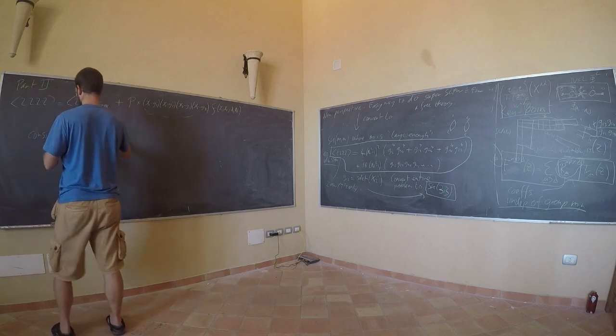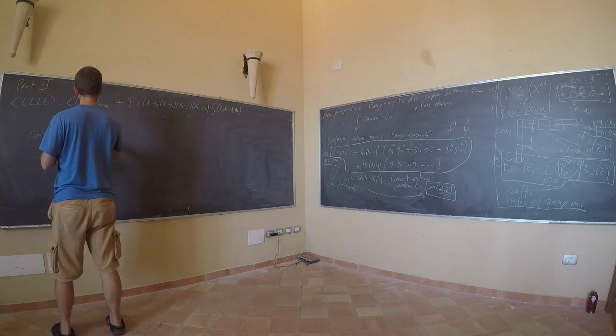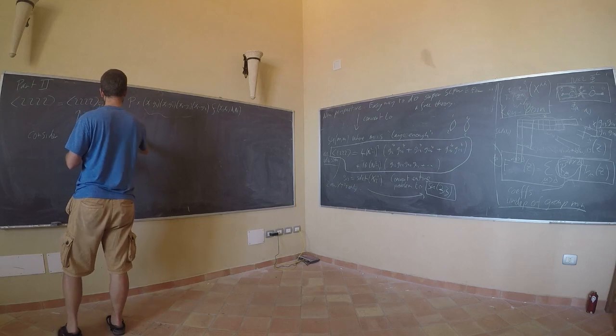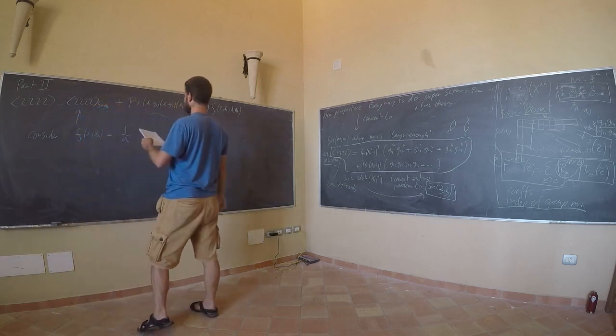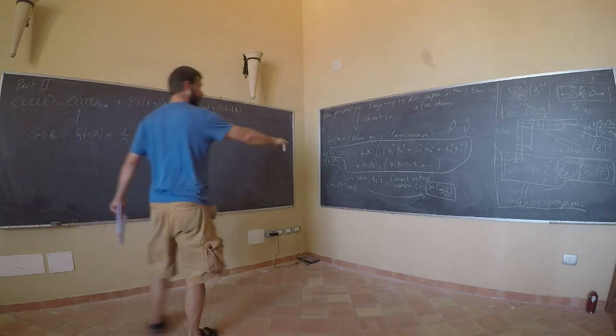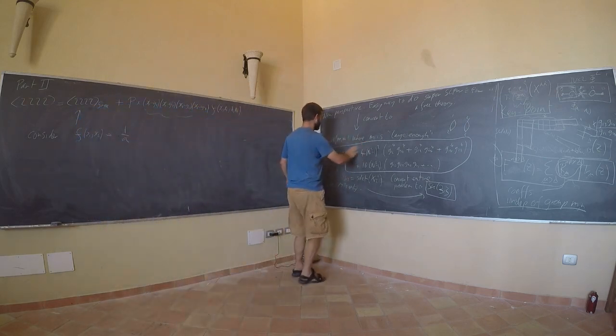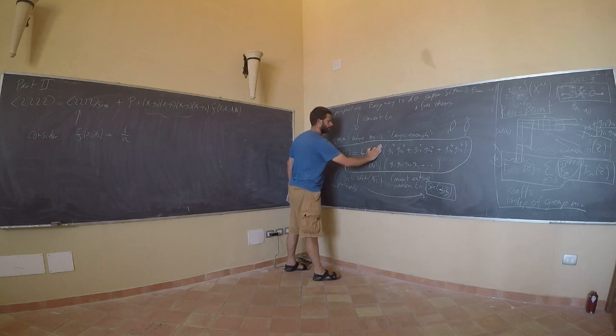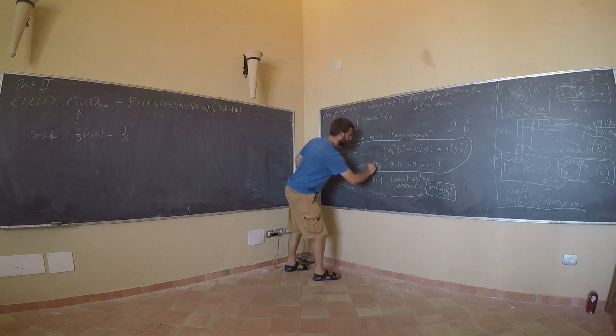So consider f of x1, x2. I want to pull out this factor. Let me just renormalize everything so I don't have this factor in. I hope you forgive me for doing this. It's terrible, I know. This is 4 over n squared.